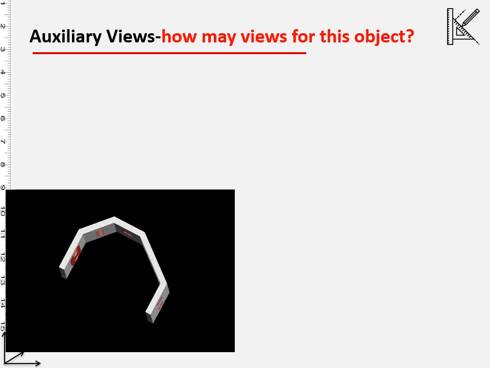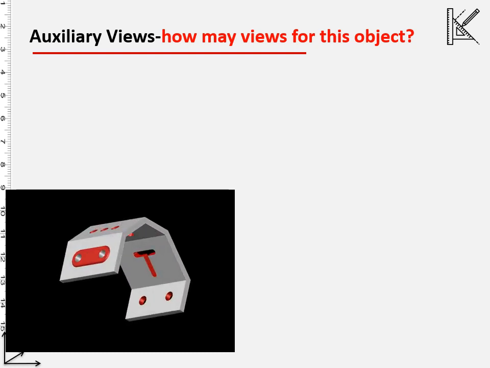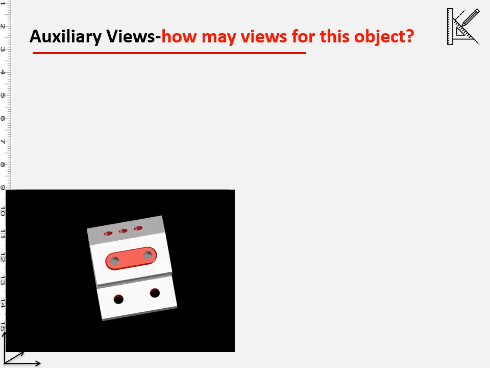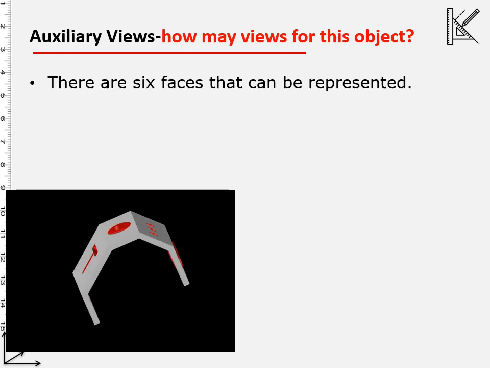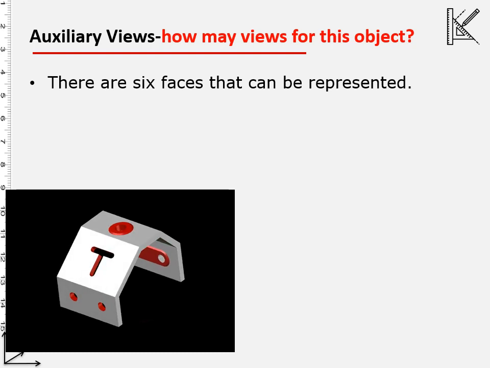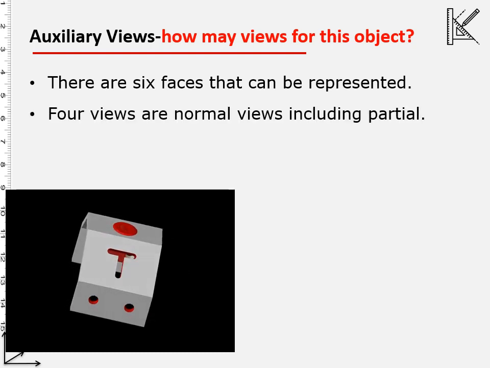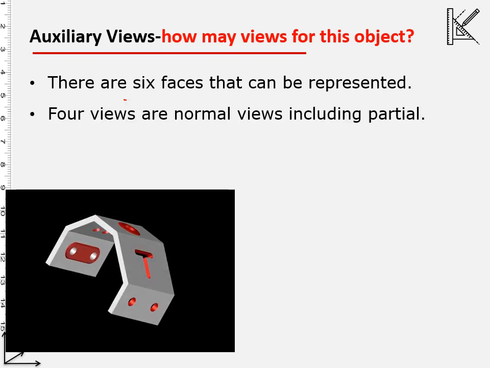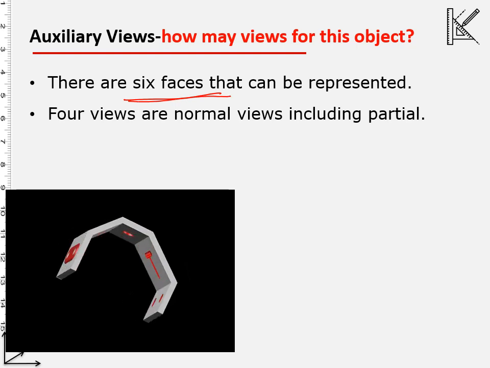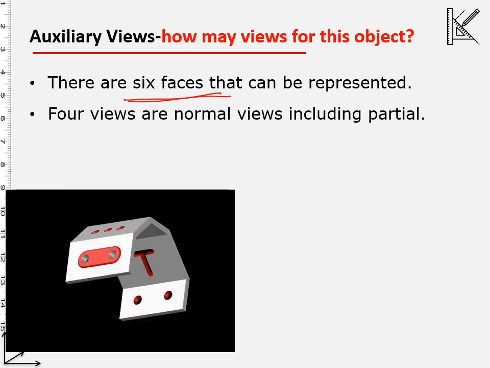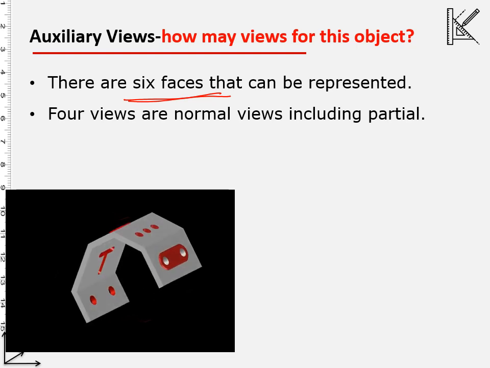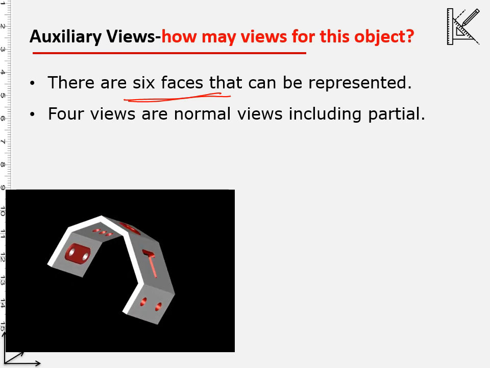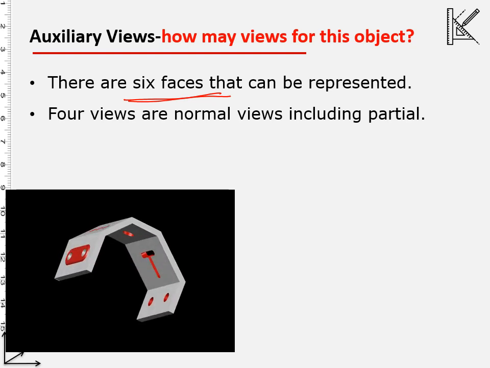Okay, so as you observe, in this case there are 6 faces of this object which need to be represented. You will notice that 4 of these are parallel to the principal planes.